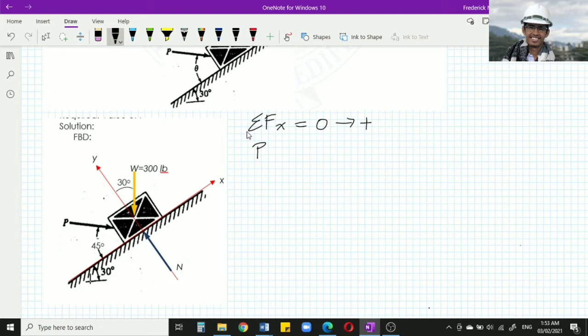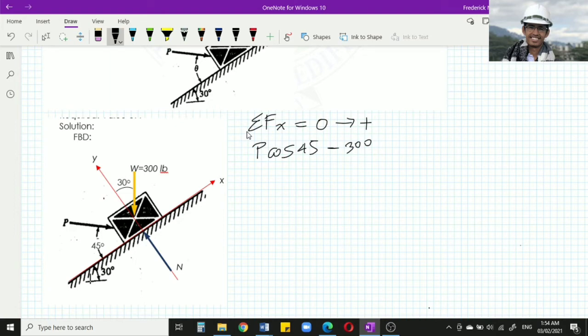So, naka-contact siya dito sa ating about x-axis. So, that will be cosine 45, minus, so 300 pounds downward kaya minus, so that will be 300, and we have the angle 30 degrees.